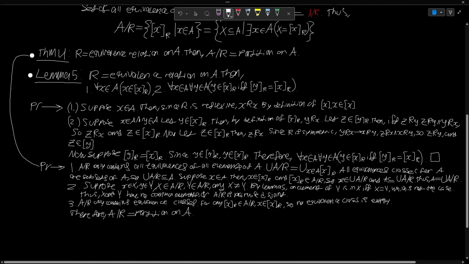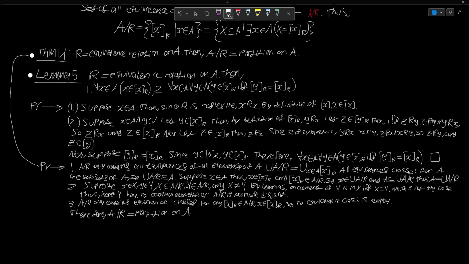So first we assume that X and Y are equivalence classes, and x is in X and y is in Y. And this is important, X is not equal to Y. Lemma 5 says an element of Y is in X if and only if X is equal to Y, which is obviously not the case because we assumed that X is not equal to Y. So by contradiction, X and Y have no common elements, and since X and Y are arbitrary elements of A mod R, then you could say that A modulo R is pairwise disjoint by definition.